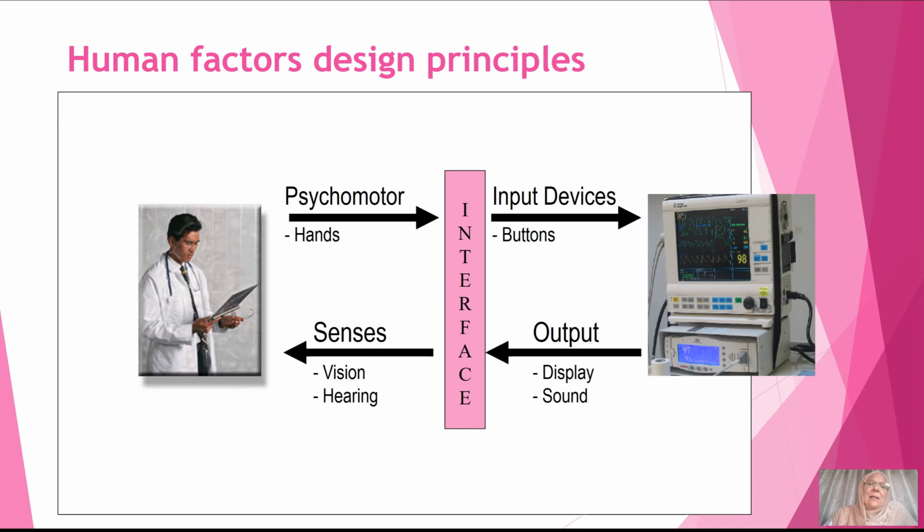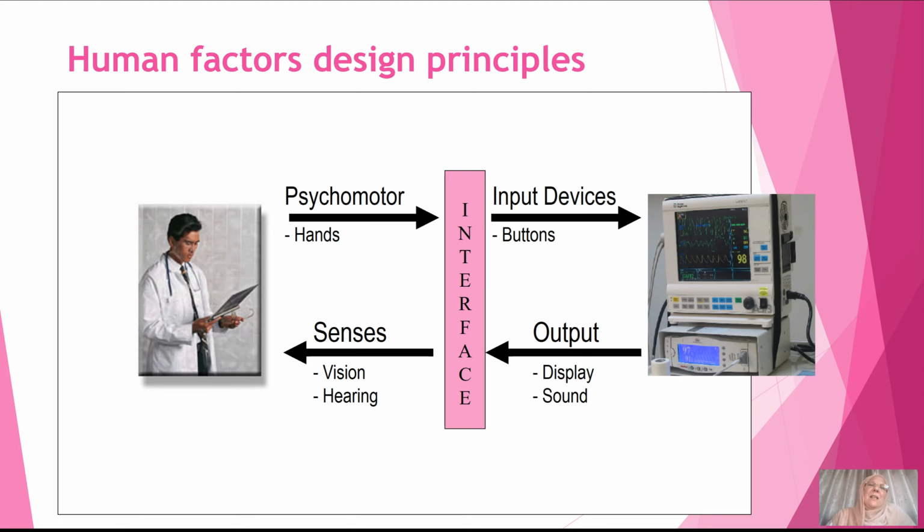So here again, this is a picture that illustrates how human factors are involved in machine design. You can see that the doctor on one side has psychomotor skills, which involve the hands pushing the input buttons, and the machine puts out a display that has to be read, and also some sounds and alarms which the doctor has to hear.